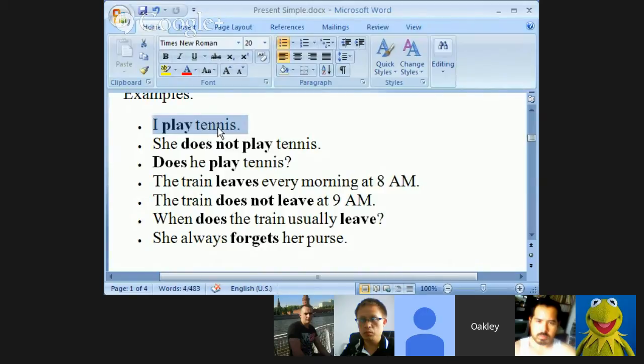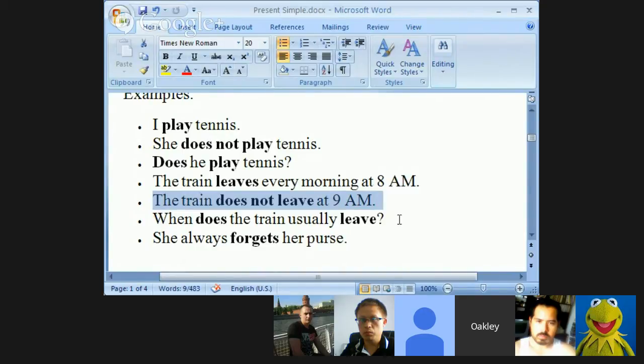All right. Here's some examples. I play tennis. That's pretty darn straightforward. She does not play tennis. The negative. Simple question. Does he play tennis? Here we see a scheduled event. The train leaves every morning at 8 a.m. Okay, obviously, if it leaves at 8, it does not leave at 9.